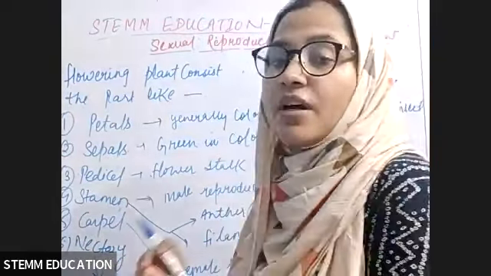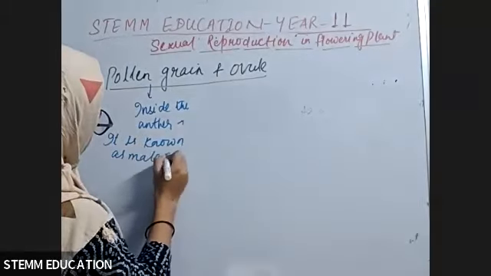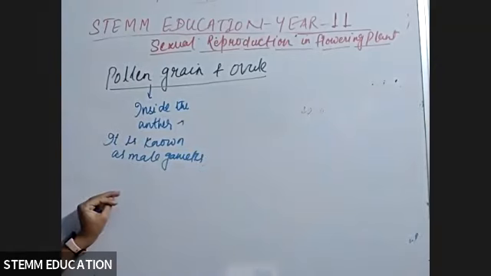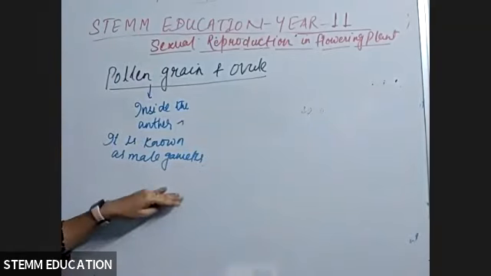Pollen grain is made in the anther, and it is known as the male gametes.